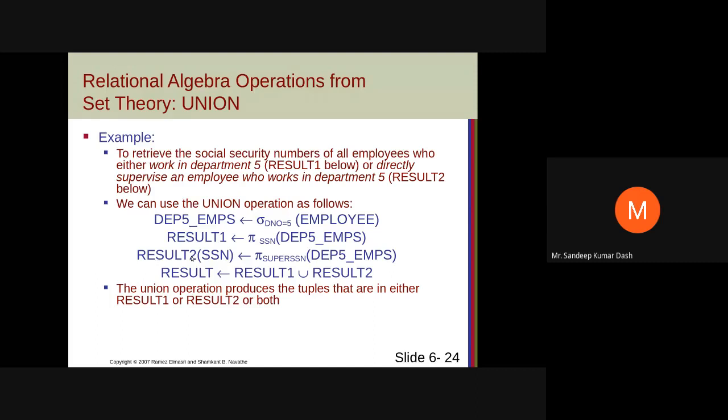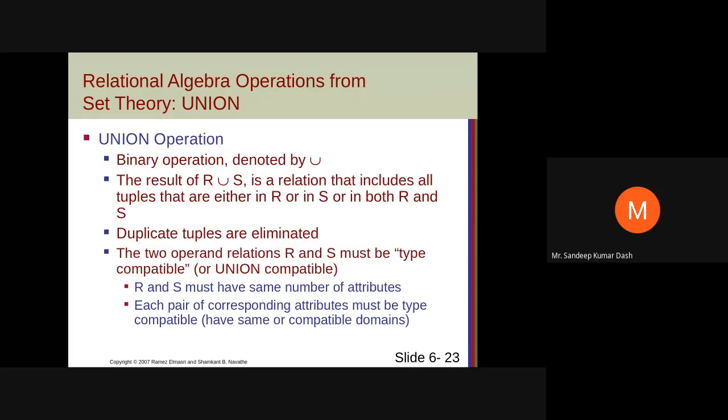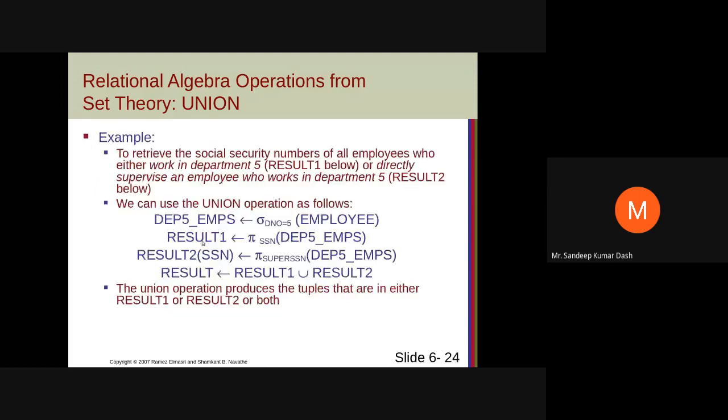Both are having one column each, and the column name is SSN in this and SSN in this, because you are renaming here. It is called renaming. Here super SSN was renamed to SSN. Now you can apply the union operation. It will be stored in result. So result is having one column only.